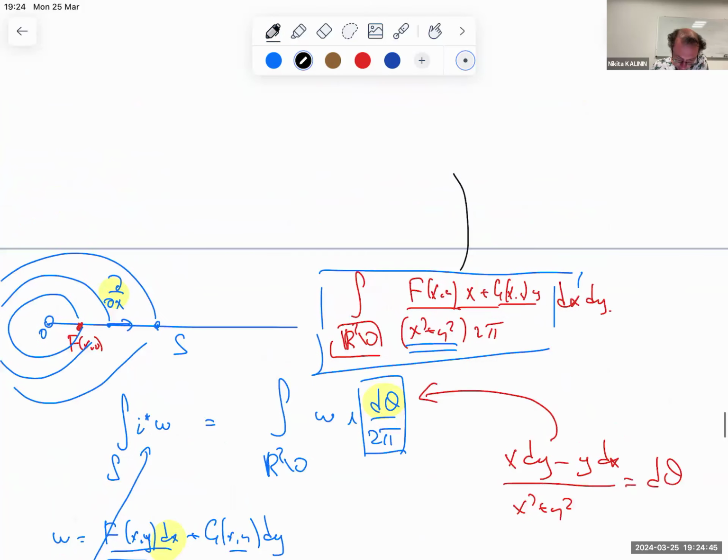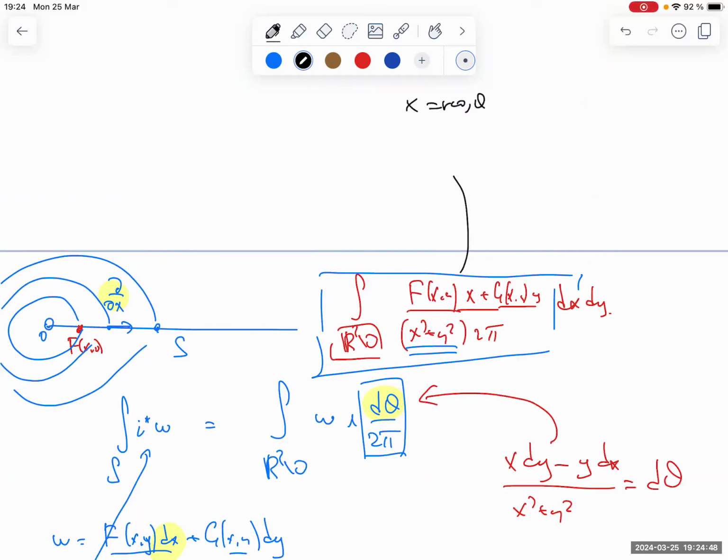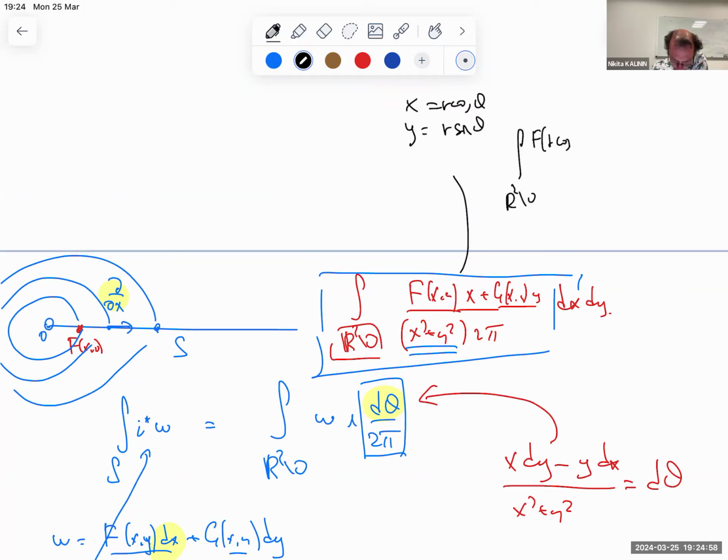So x is r cosine theta, y is r sine theta, and it becomes the integral over R2 without 0 of f(r cos, r sin) times r cosine plus g times r sine, divided by r squared 2 pi. And also we should multiply by r, because of the change of coordinates, and dr d theta.